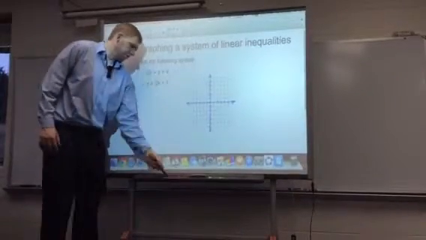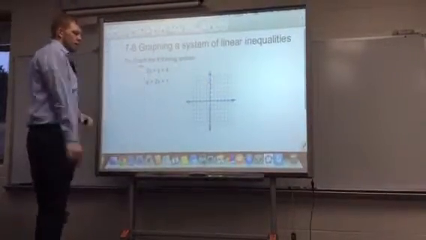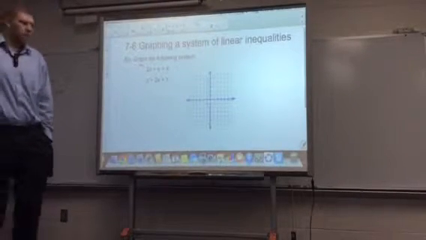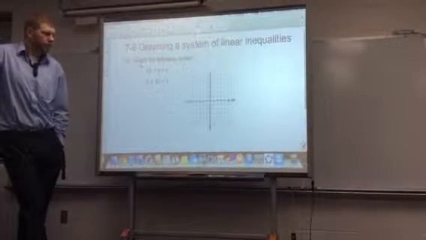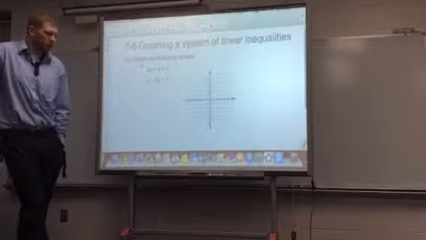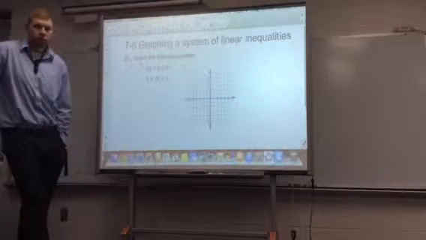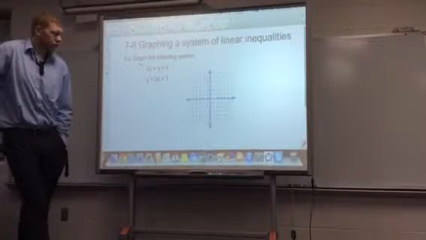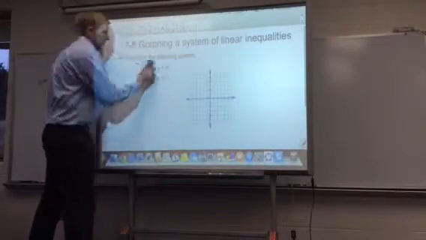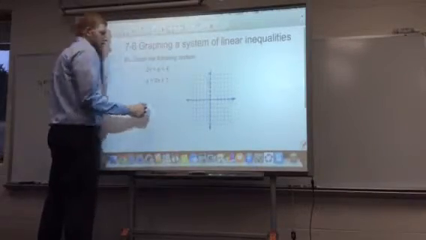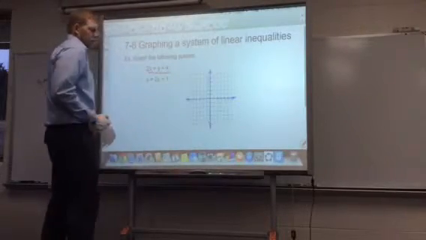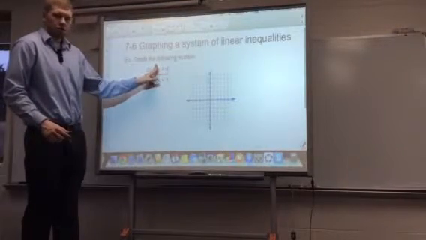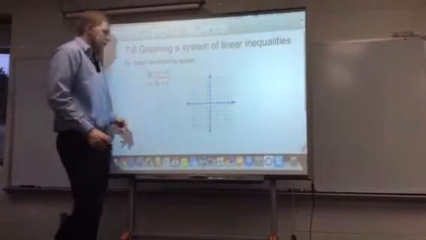Just with this first one, let's graph 2x plus y is less than 4. How do I graph that, Abby? Where does my x go? On 2. Yeah, positive 2, right?